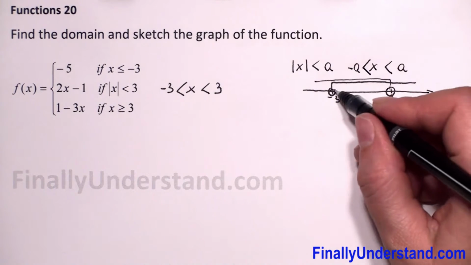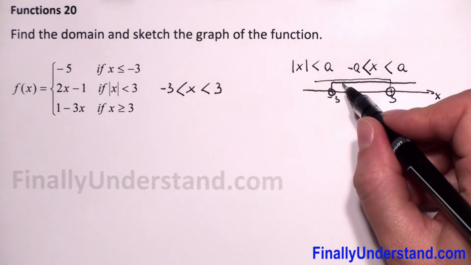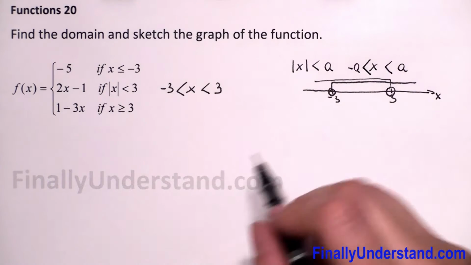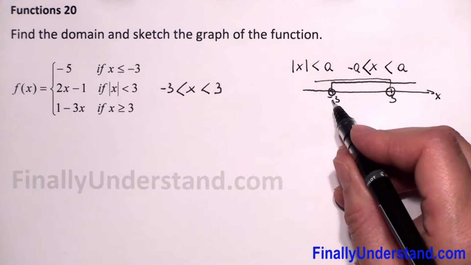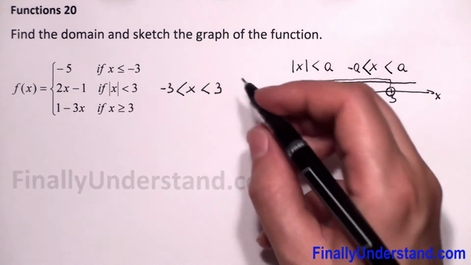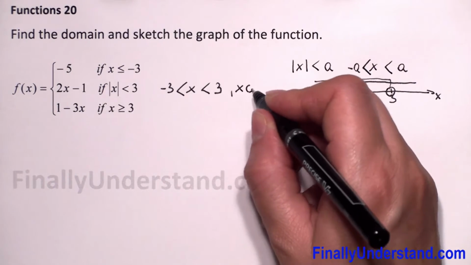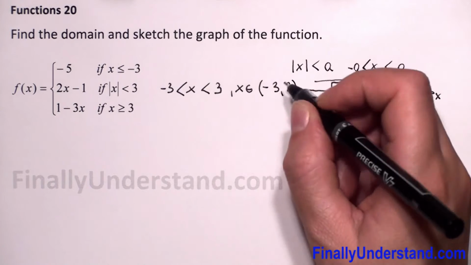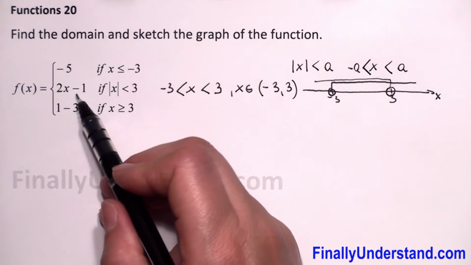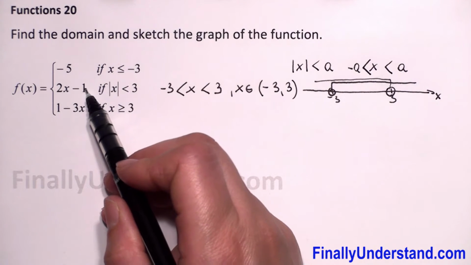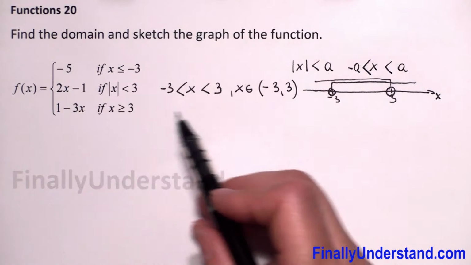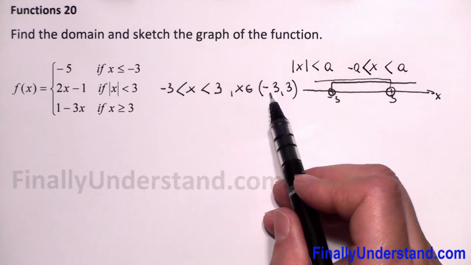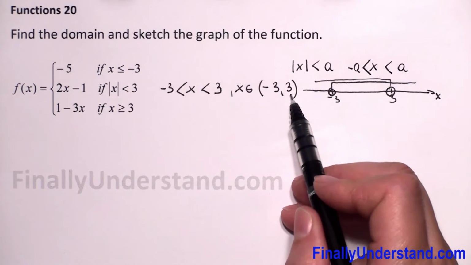So we see that in the second case we will have interval from -3 to 3. X belongs to interval from -3 to 3. So for 2x minus 1, we will draw straight line only for x belongs to interval from -3 to 3.